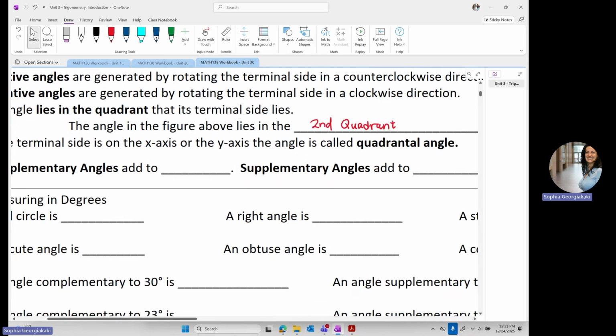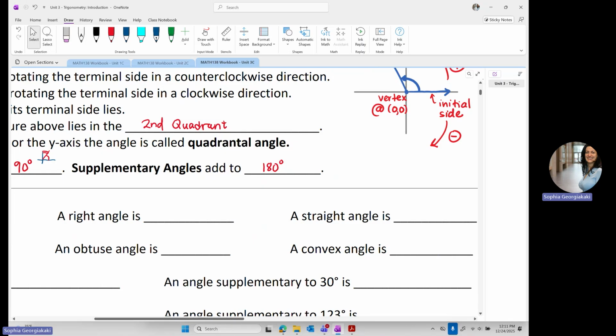Complementary angles add to 90 degrees, and supplementary angles add to 180 degrees. The main sketch of complementary angles will be a right angle, and then two angles that are complementary will fit within that 90-degree angle.